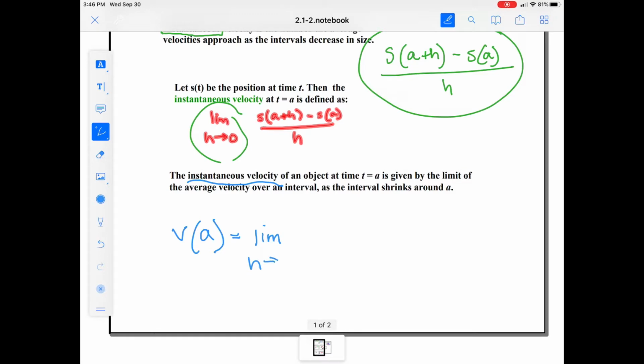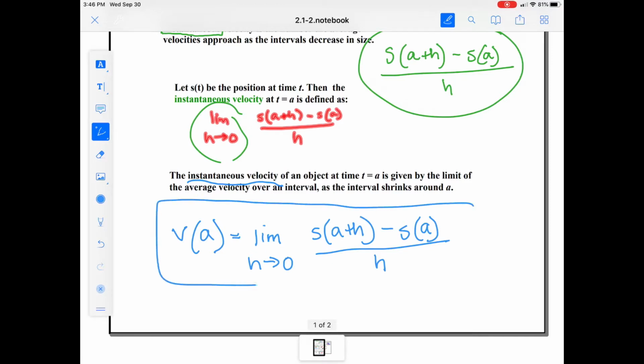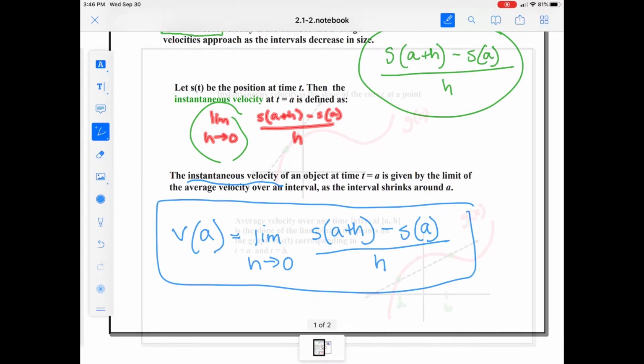So we're going to use that equation that's expressed above. It's our change in position over the change in time, but we'll let our h, the difference between those two, get smaller and smaller. So this equation will give us our instantaneous velocity.